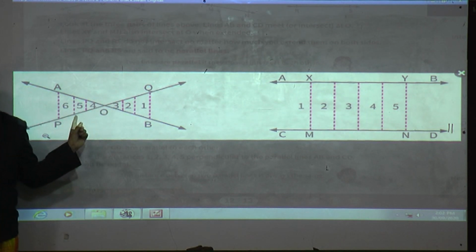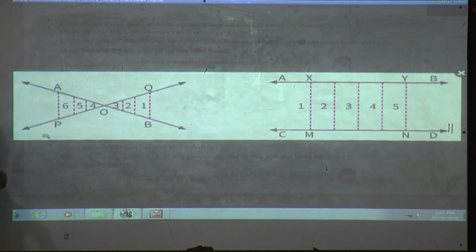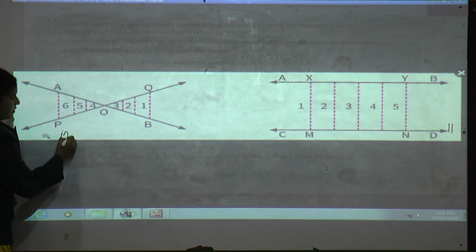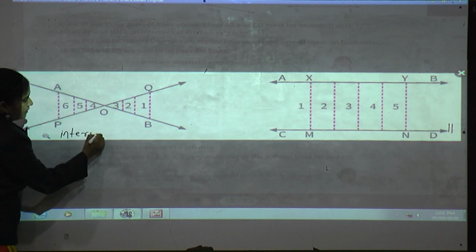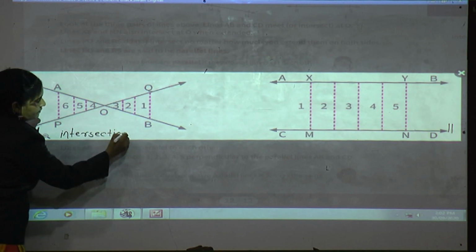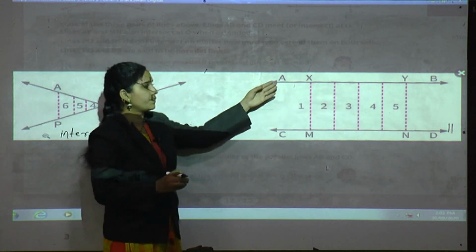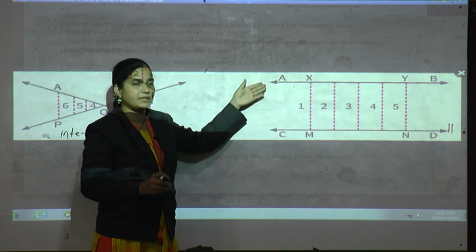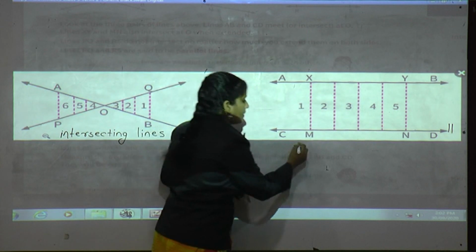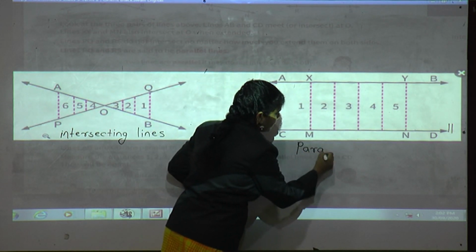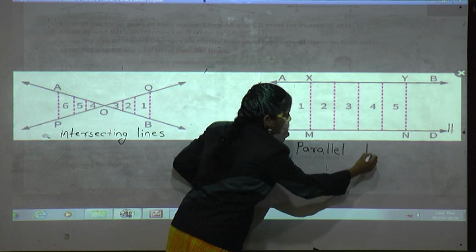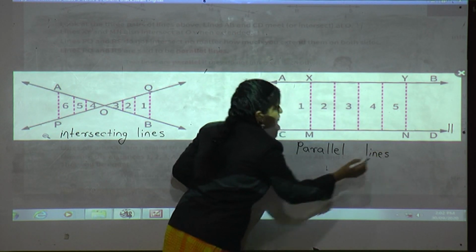Yes students, they are intersecting lines. And here, are they intersecting? No, they are parallel lines.